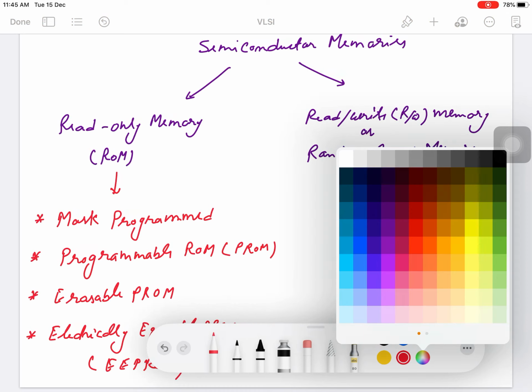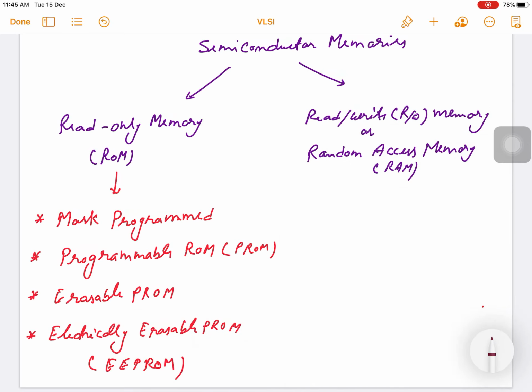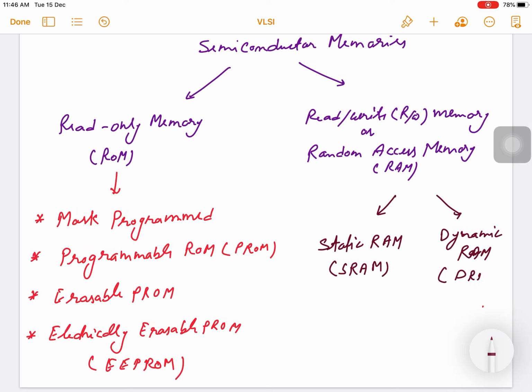And if I talk about the read and write memory, that is RAM, this RAM is further divided into static RAM, also called SRAM, and dynamic RAM, also called DRAM.